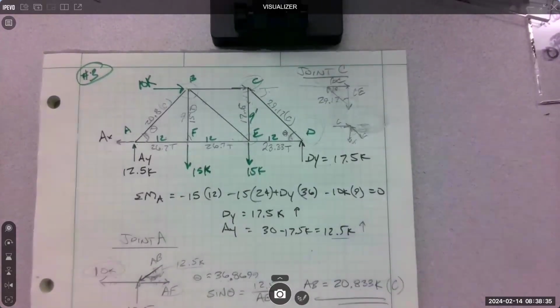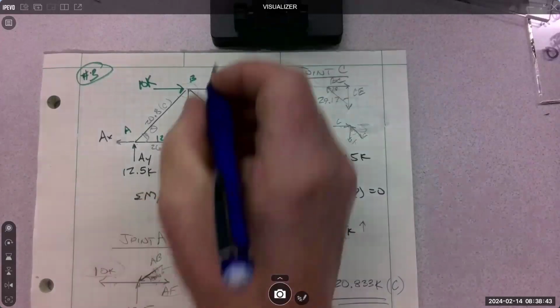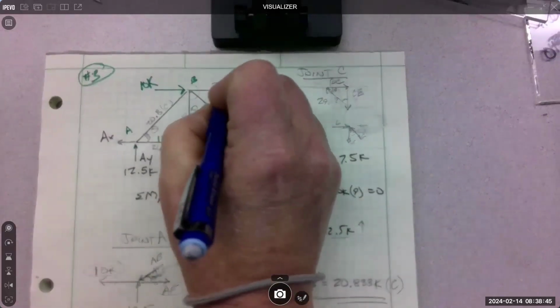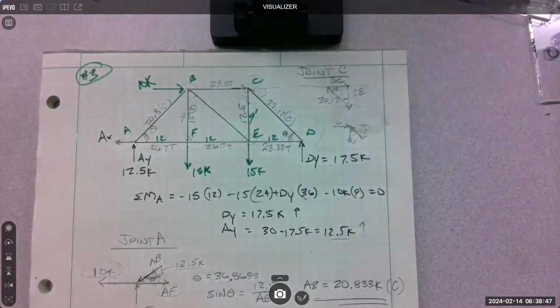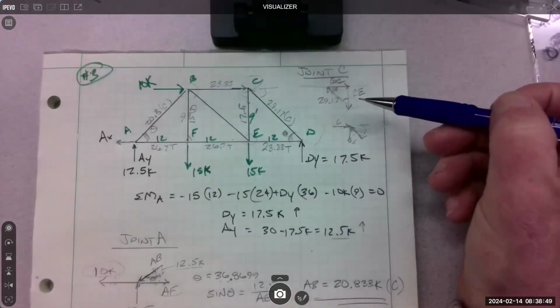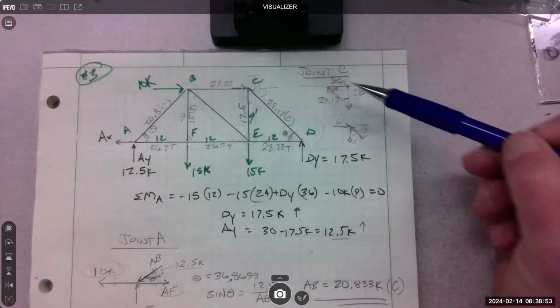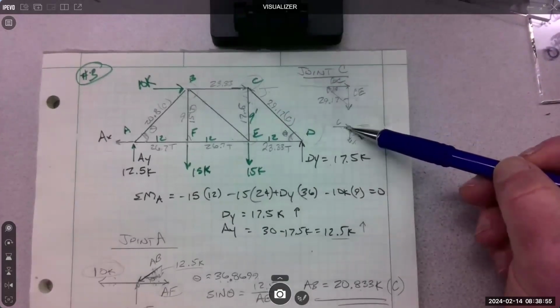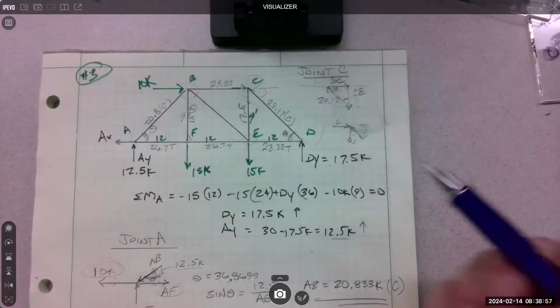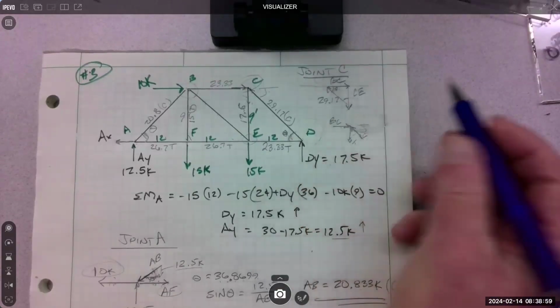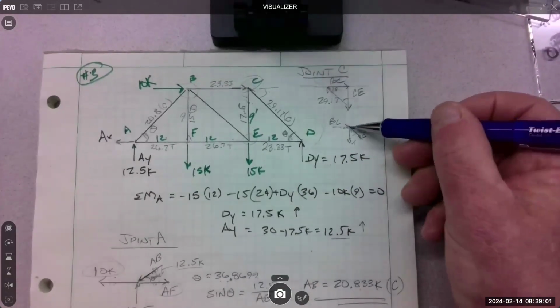Excellent. What did you get for BC? Same number, which is 23.33. But the directions are different. Into the point, but into the point for which one? The one we're talking about, BC. Yeah, that's compression into the point, correct?